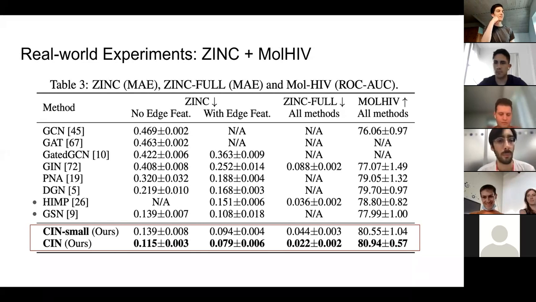Well, in practice, the architecture is very different. In GSN, you always do message passing at the level of nodes, and basically what you get from counting these substructures is that you are able to break more symmetries between your neighbors, and this is why you get more expressive power in GSN. But still, the message passing is performed at the level of nodes.